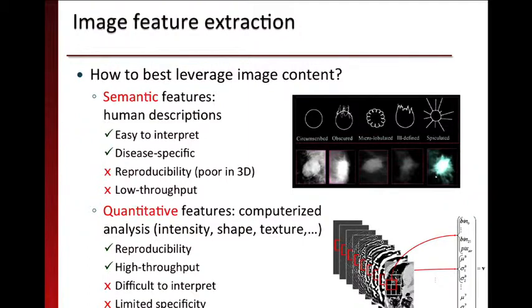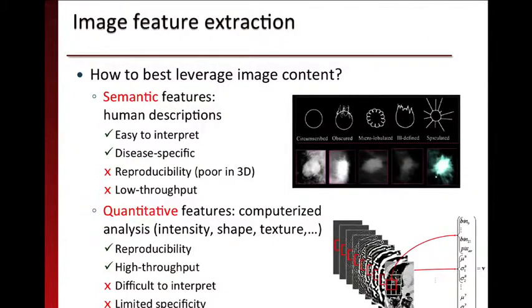So for instance, if you want to describe the contour of these lesions, we can say it's circumscribed or microlobulated. Those features are easy to interpret because they're directly in human language. And also they're often disease specific, which means that they aim at directly modeling a feature that will be useful for predicting the outcome or the diagnosis.